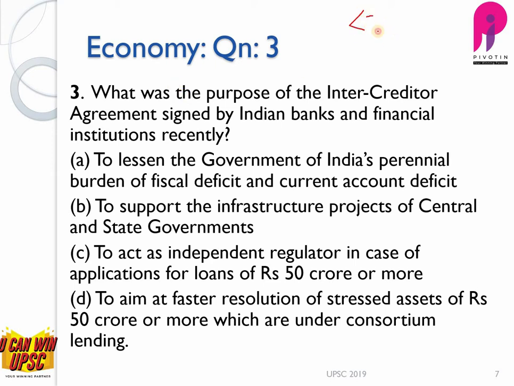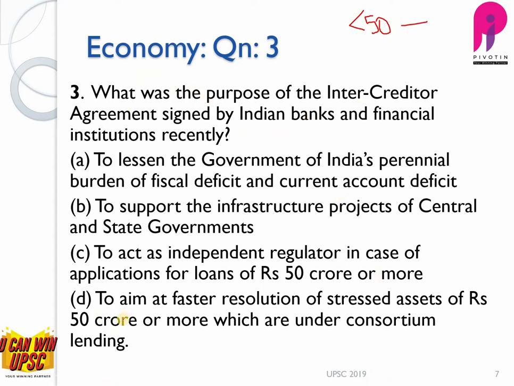Let's take, if the loan amount is less than 50 crores, then what will happen if there is a default? It will be dealt with by the bank within itself. And if it is between 50 crores and 500 crores, what will happen is it will be resolved by the consortium of lenders, and the lead bank will be authorized to resolve the case.